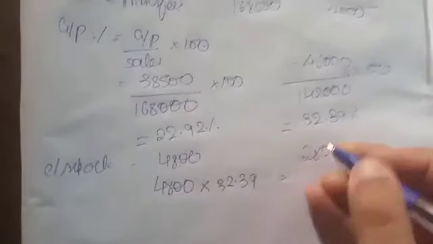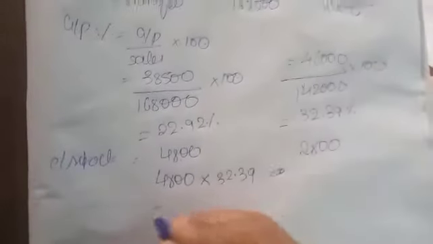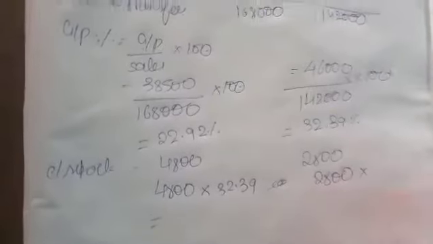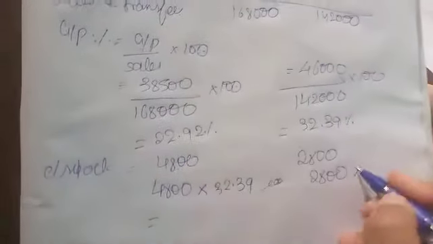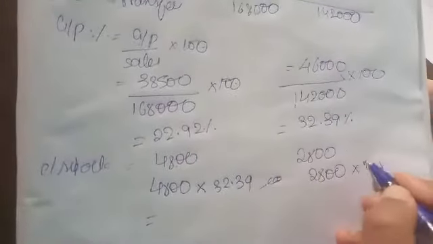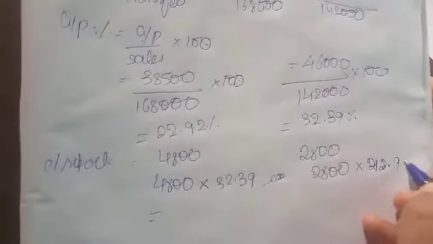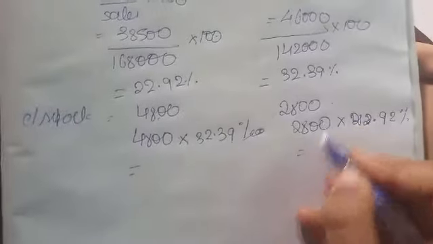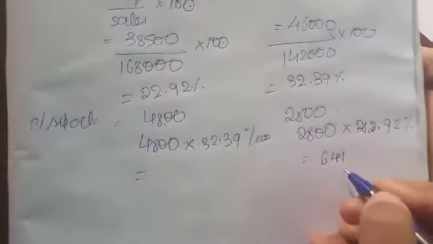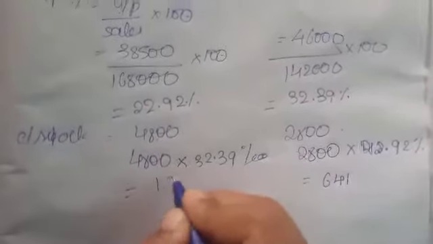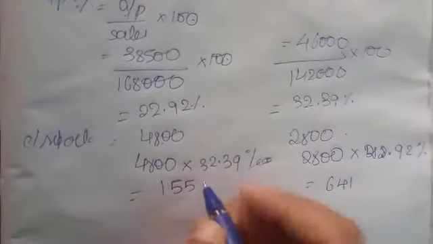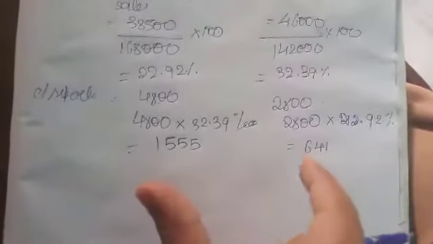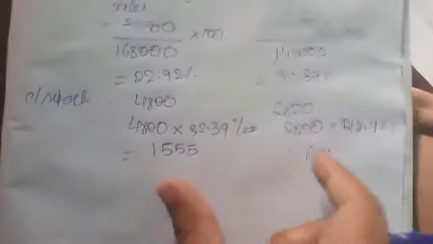Same thing applies to this also. So for B, 2,800 into gross profit of the other department, 22.92 percentage. So this comes to 641, and this comes to 1,555. So this is the profit percentage which is hidden in our closing stock.